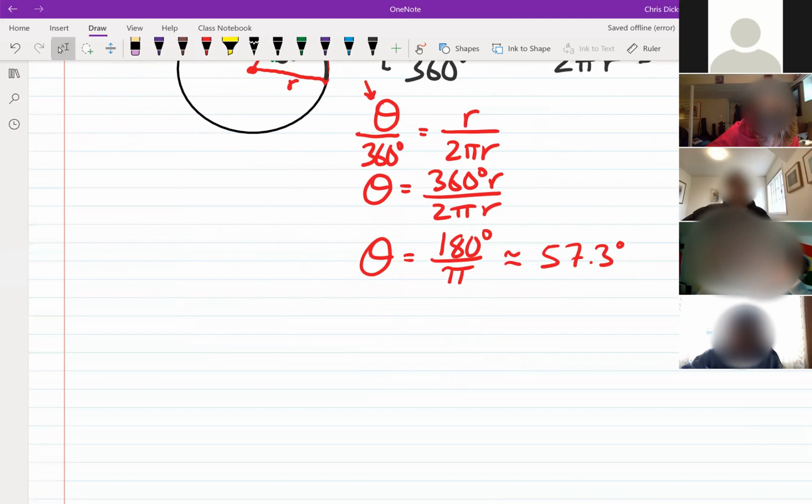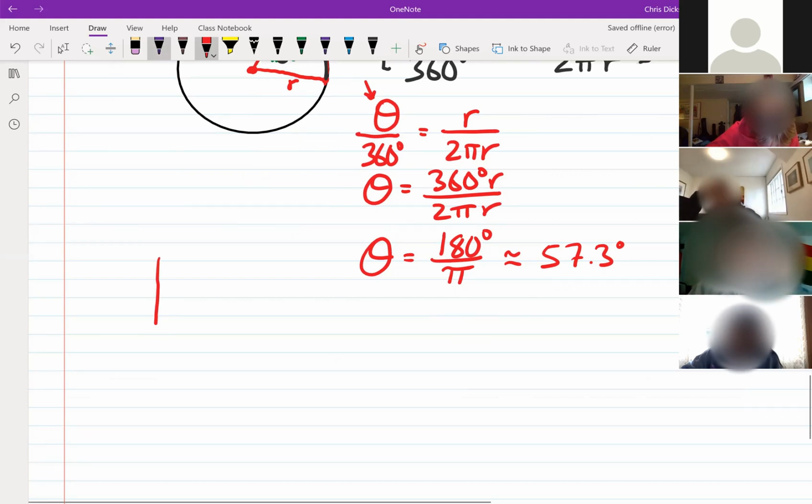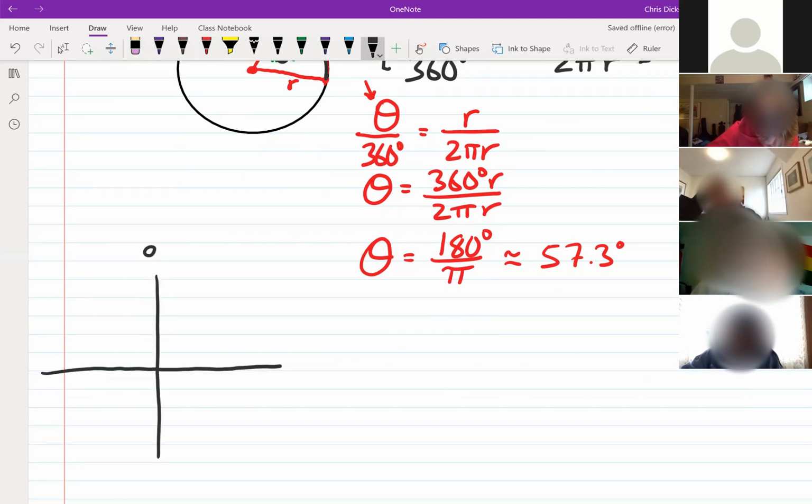And we're going to use our calculators here for this. So I'm going to say that if you went around a circle, so we already said that's 90 degrees up there. That's 180, that's 270, and that's 360. So what I want to do now is talk about how radians fit into this whole thing about measuring angles.